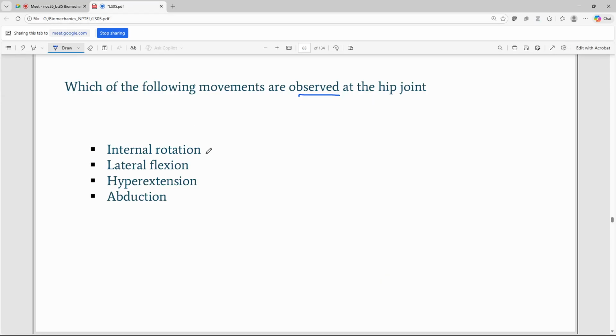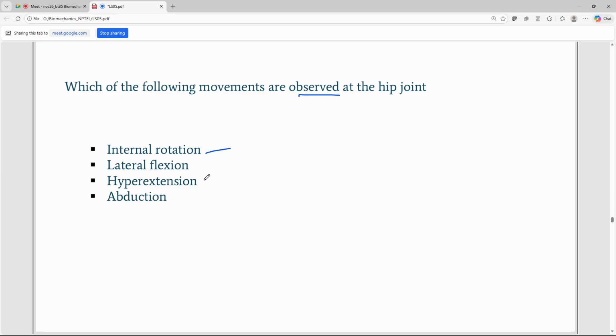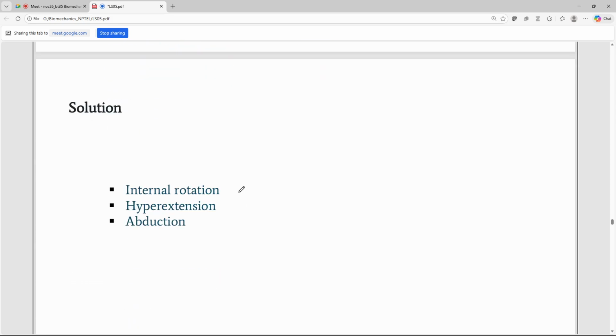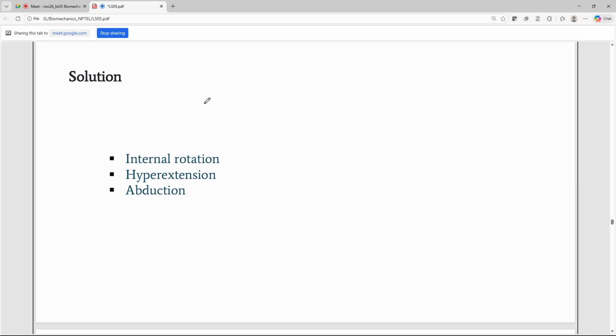Correct answers are internal rotation, hyperextension, abduction. That is first, third, and fourth. Lateral flexion is not possible at hip joint. These three movements, internal rotation, hyperextension, and abduction, are possible at the hip joint.